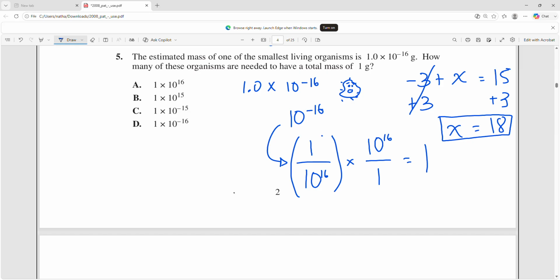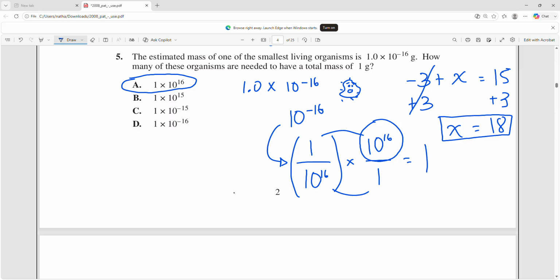If I multiply these across the top, I'll have 10 to the 16 on the top and 10 to the 16 on the bottom. And that's just going to give us 1, right? Anything divided by itself is 1. So our missing number of organisms was 10 to the 16. Okay, and here they wrote it as 1 times 10 to the 16. So that's how many organisms it would take to get 1 gram.